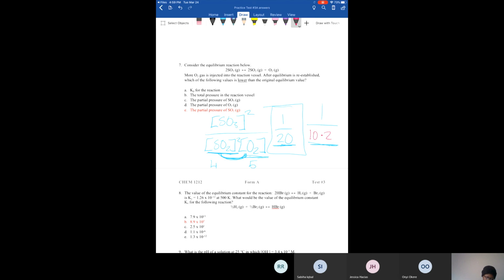Because think about it, you're adding O2 and it's going to cause a shift back to the SO3. So in order for it to shift back to SO3, SO2 is going to have to react as well. And you didn't add any extra SO2. So you're just losing SO2 in the process as it goes to SO3. Hope that makes sense.